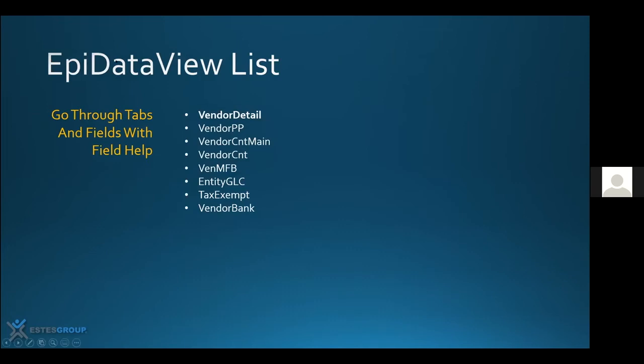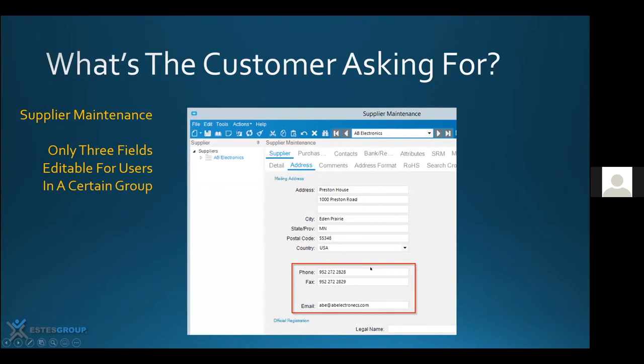First thing to do is go through the Epicor data view list. This is in the customization. You can go look and see all of the data views, and there are a lot more than this in there, but these were the ones that I found were used. And this vendor detail was the only data view that had these 3 fields.